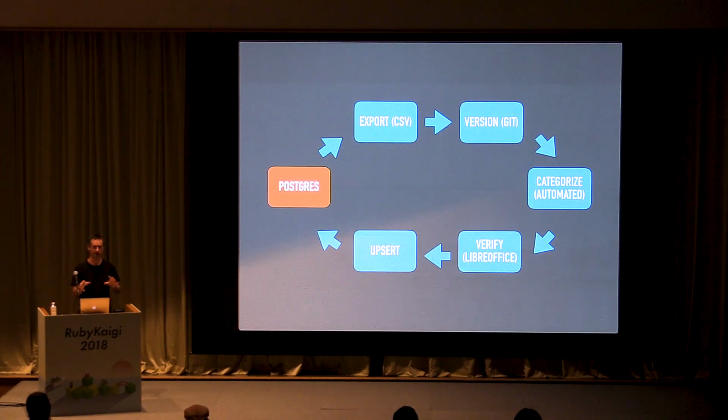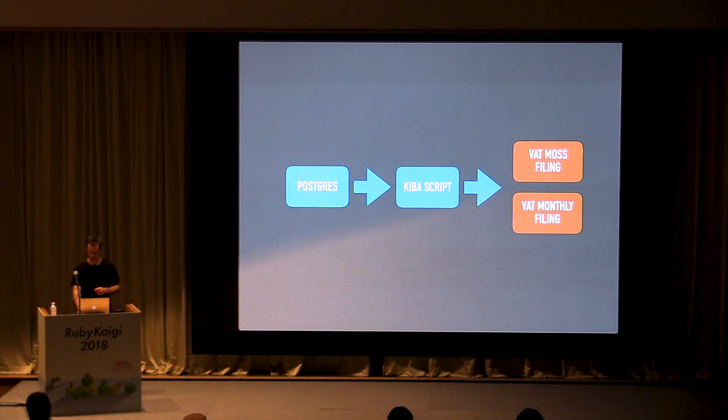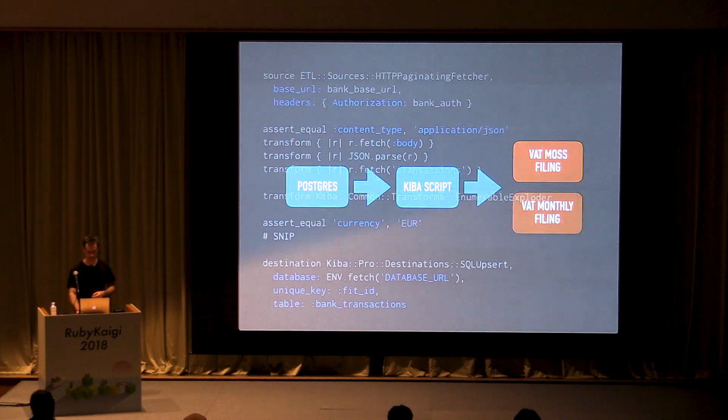Maybe you want to ventilate and categorize transactions in an automated fashion, but then you still have a human open LibreOffice or use some kind of GUI to verify what's happening, and maybe git commit so that the learning chain can improve. So you can put a human in the loop, and as a result you can increase productivity and have a reproducible process for boring things like VAT declaration, so you can save some time and avoid mistakes.